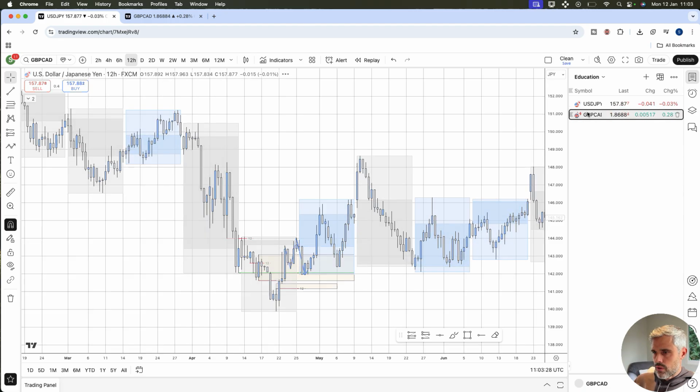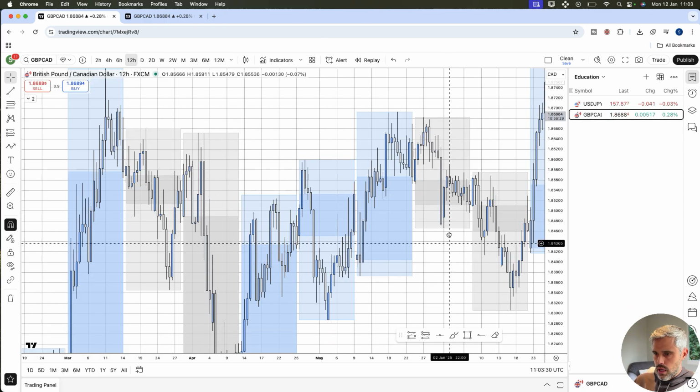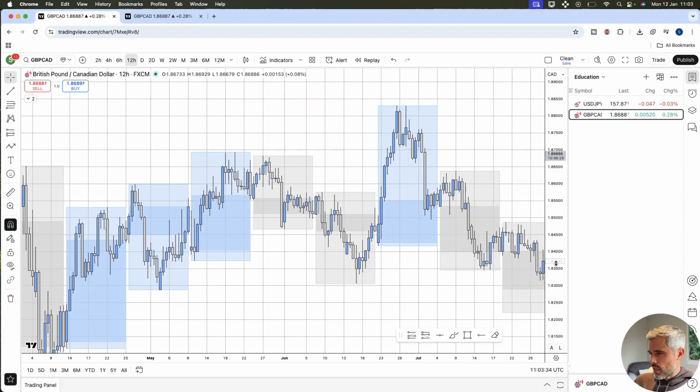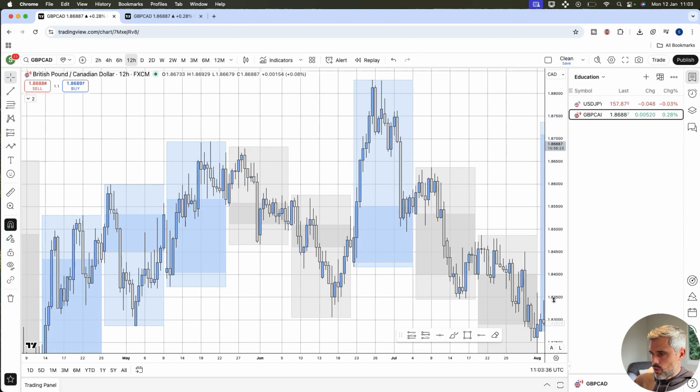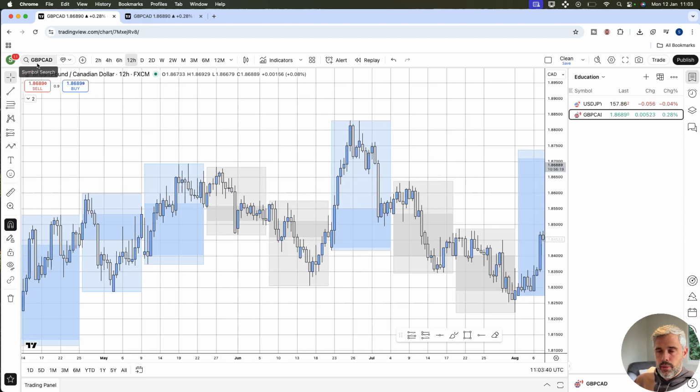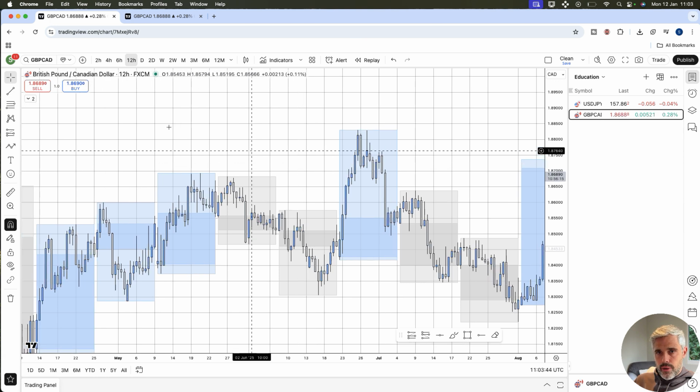I want to run through another example right here, which is also a great representation of a breaker block and a cleaner entry as well. So the exact same thing actually happens here. Now we're looking at GBP CAD, and I've just kept things simple by also using the 2-week time frame.